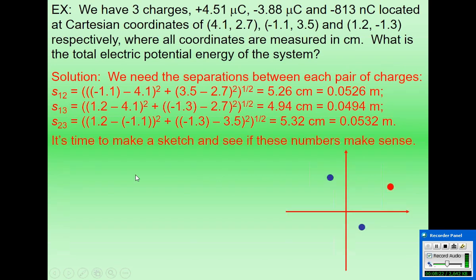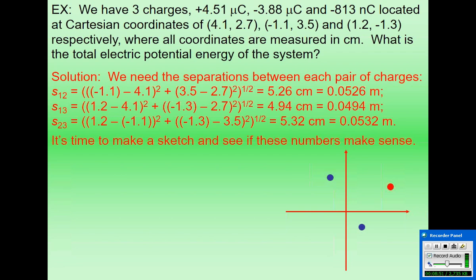A smart person and me would draw a picture. Make sure you distinguish between whether it's a positive charge and a negative charge, and try and put some effort into scaling your picture to represent the actual values given in the problem. So here we have 2 negative charges, each is represented by a blue circle. We have a single positive charge represented by a red circle.